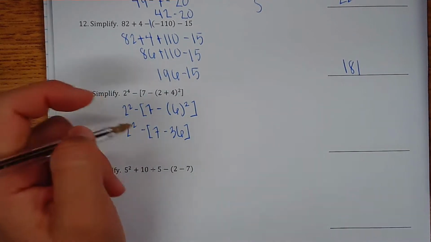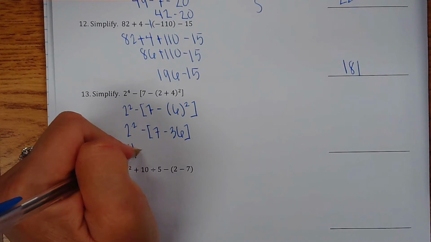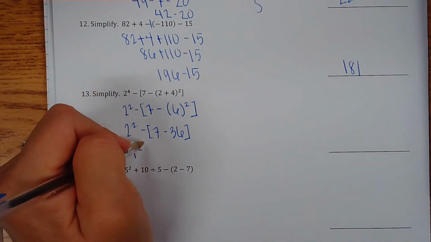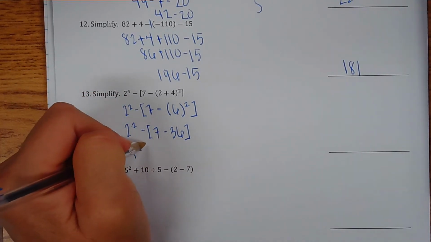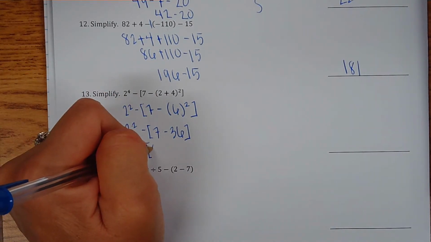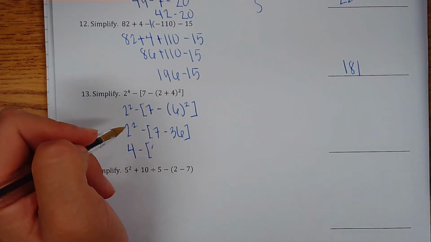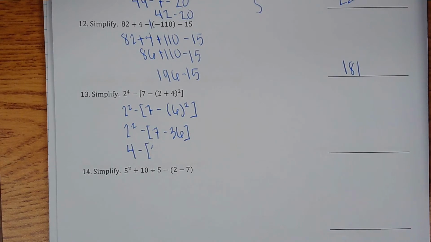So now I can go ahead and square this. 4 minus what was in brackets, 7 minus 36 would be... one second, guys.